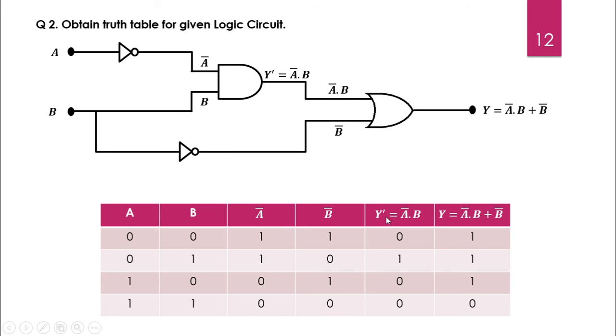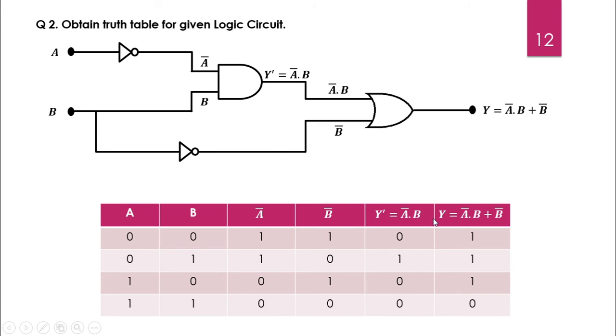Then the output of the first AND gate is A complement dot B. So here we have to multiply these two input variables: 0 into 1 is 0, 1 into 1 is 1, 0 into 0 is 0, and 1 into 0 is again 0.